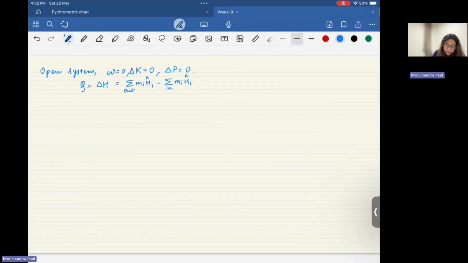So if we summarize, there are two substances involved in this process. One is humid air, another is water itself. What is going in, what is coming out.